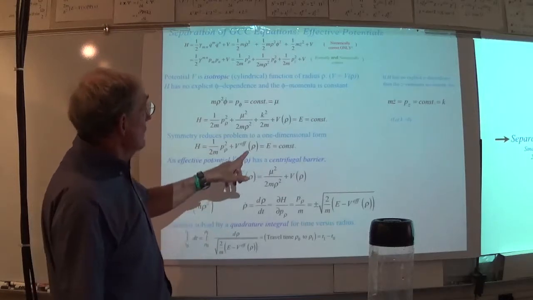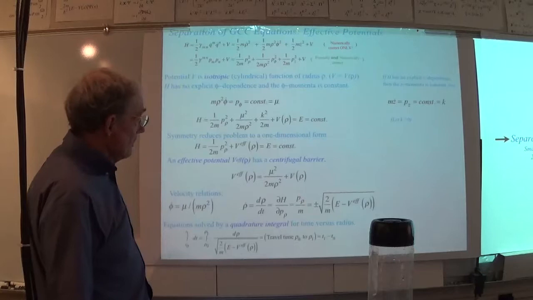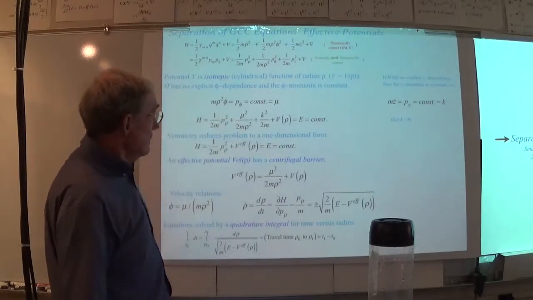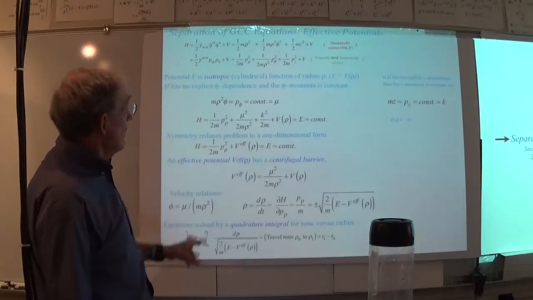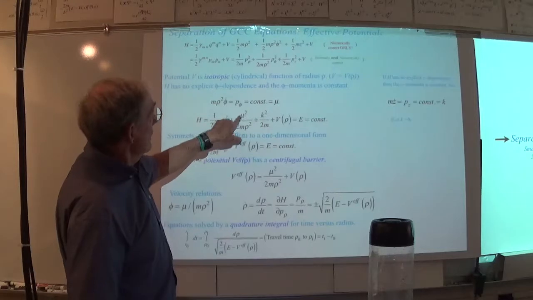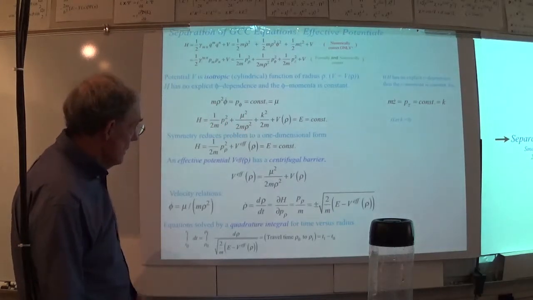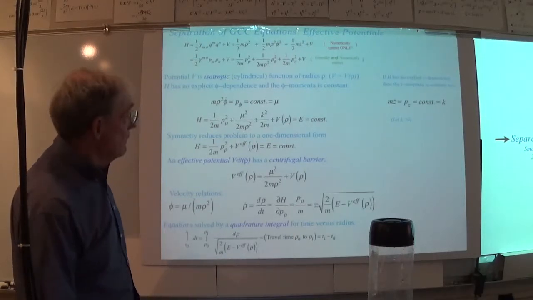In this case, the constant is the momentum, p phi. So p rho, not necessarily constant, but p phi definitely constant, making what we call the effective potential. That's this thing right here. And then it's just a thing about the momentum and velocity in the radial direction, the only remaining independent variable.